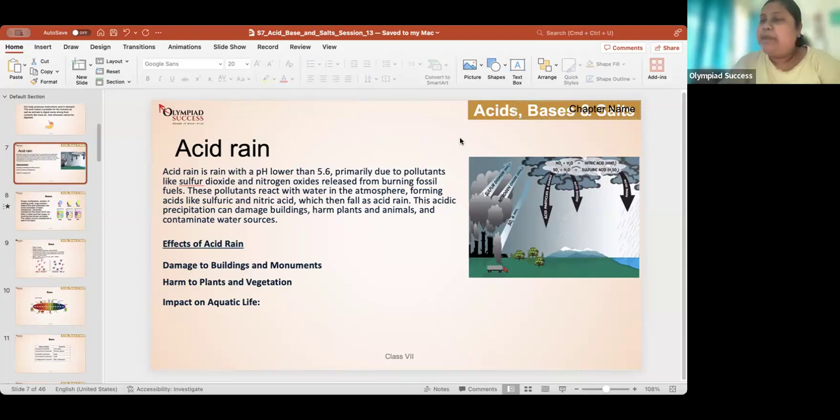The factories and vehicles release a lot of polluted gases, right? Now, one of the major ingredients of these gases is sulfur dioxide. Sulfur dioxide and nitrogen oxides are like poison.